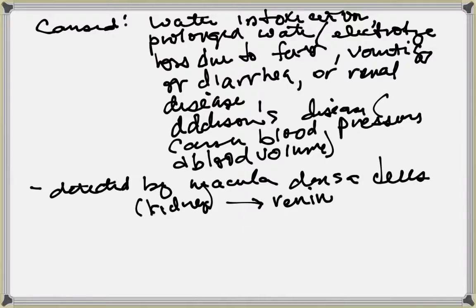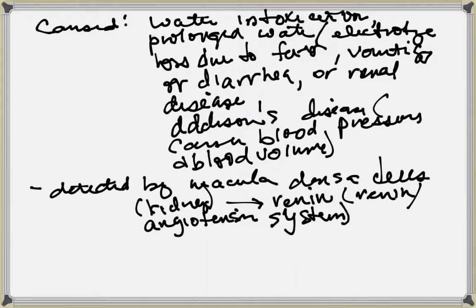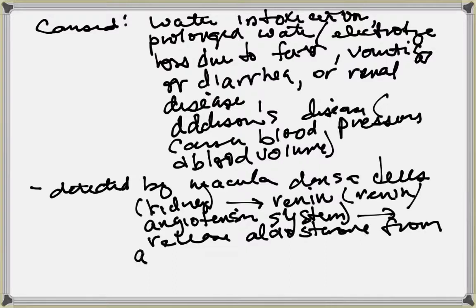Renin is a molecule that's part of what's known as the renin angiotensin system. Essentially renin is going to trigger the ultimate release of aldosterone, and this comes from the adrenal gland.